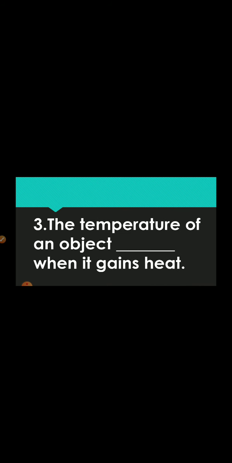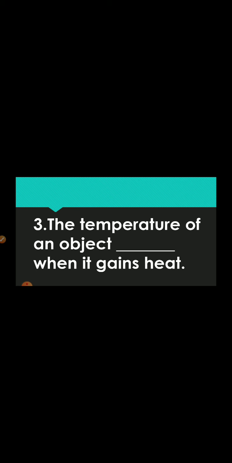Now the next question. The SI unit of heat is dash. So what is the SI unit of heat? Yes, we know that answer. Yes, definitely you got the correct answer. That is joule. So the SI unit of heat is joule. Then number 3, the temperature of an object when it gains heat. If any object gains heat, what will happen, students?